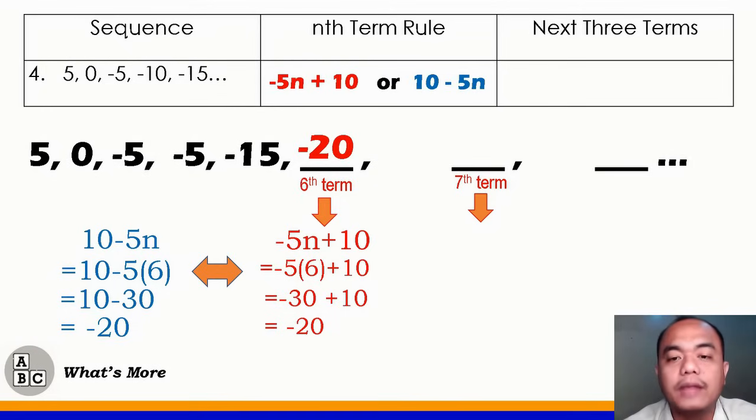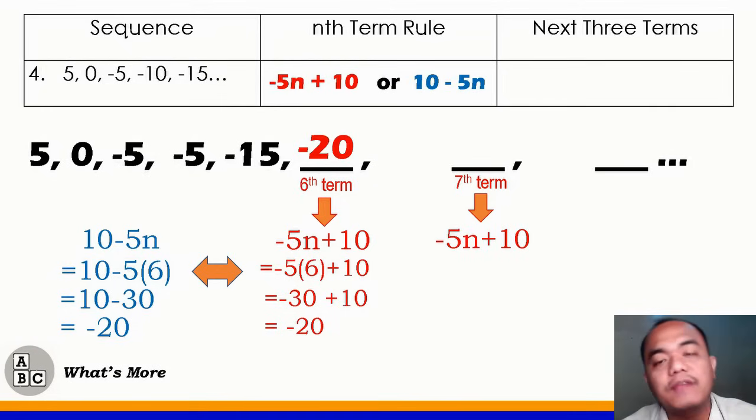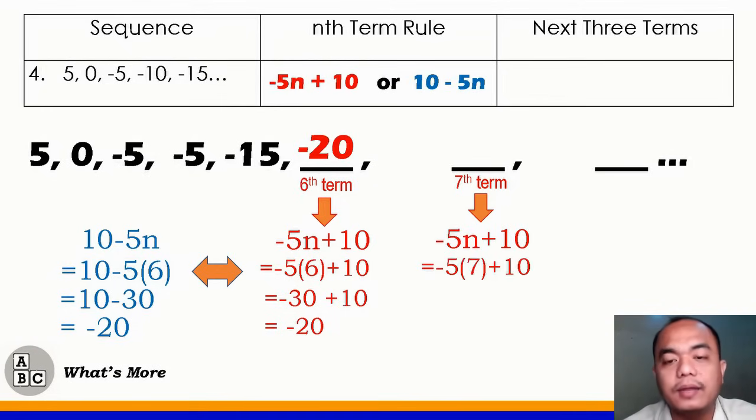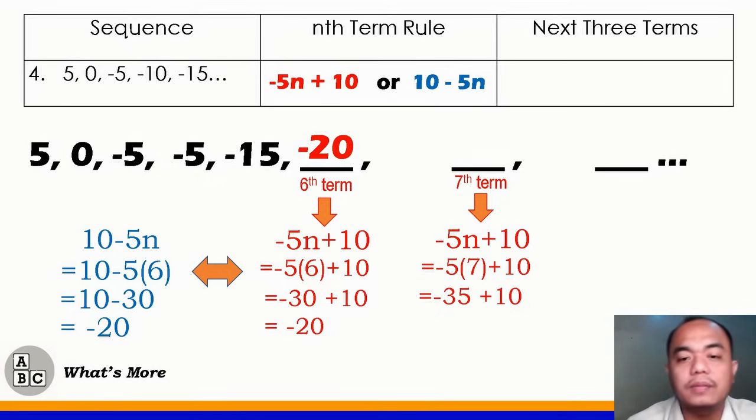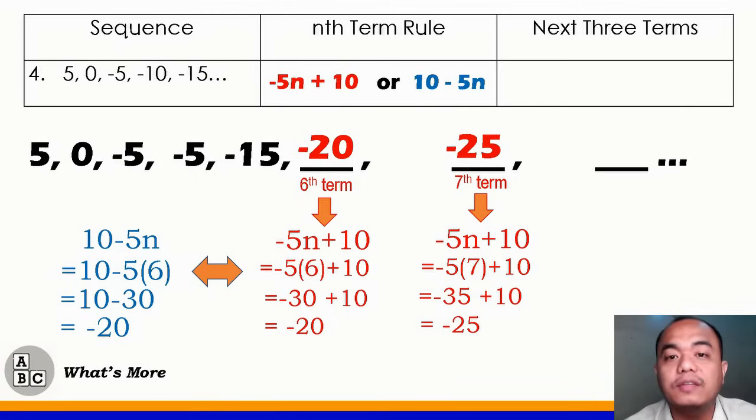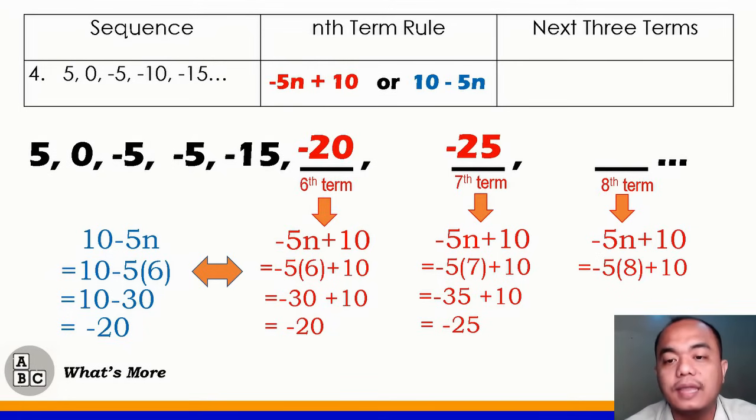So let's go back to negative 5n plus 10. For the seventh term, we will use 7. So that makes it negative 35 plus 10, and we have negative 25. So negative 25 is our seventh term. Let's have the eighth term. So we replace n here as 8.